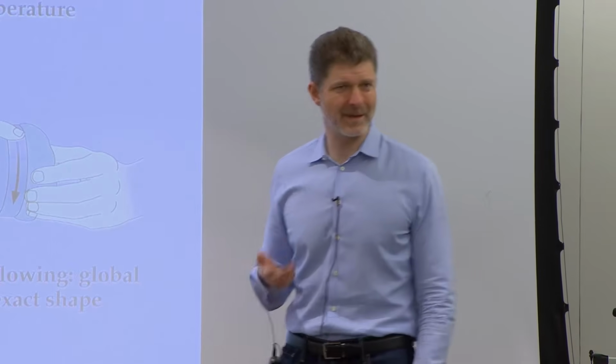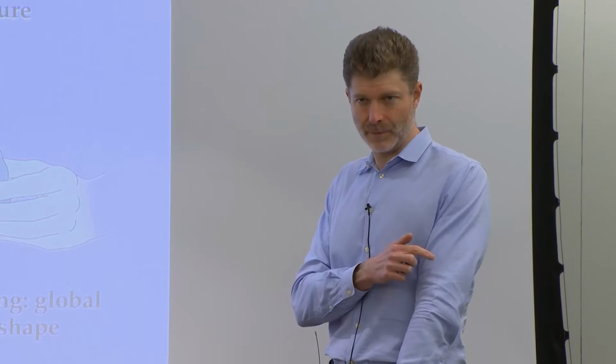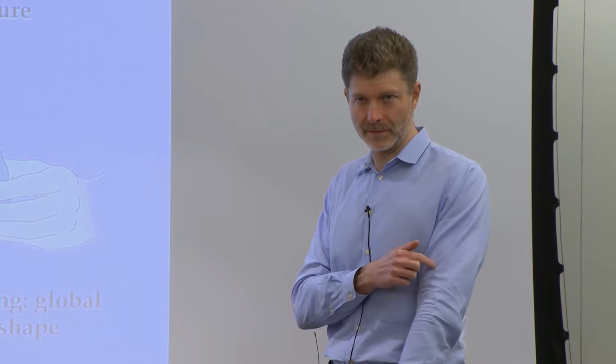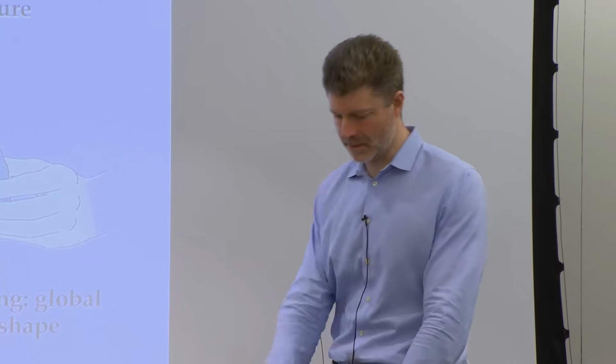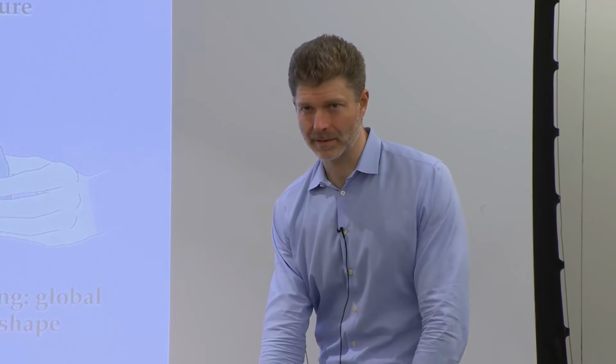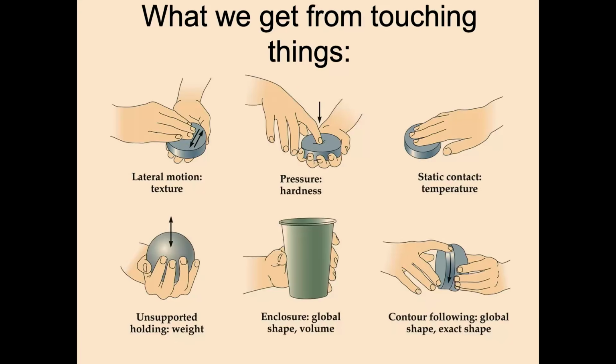So you get a lot of information about texture. We were talking about texture in vision and hearing. It's also really important for touch. Take your finger and push it into something around you. Right? So you get a sense of how hard something is, just by tapping it. Right? So that's, again, giving you information about material.